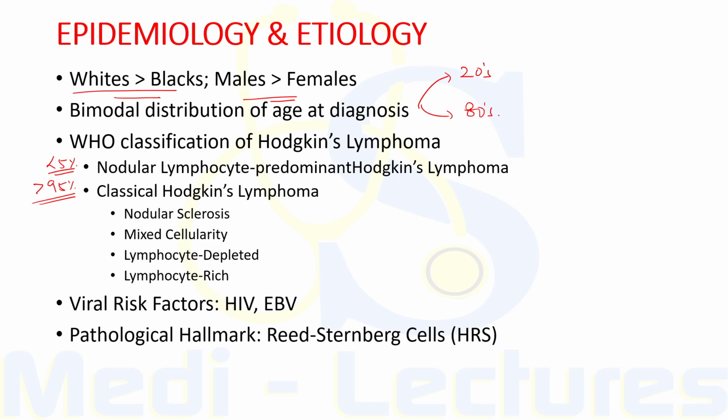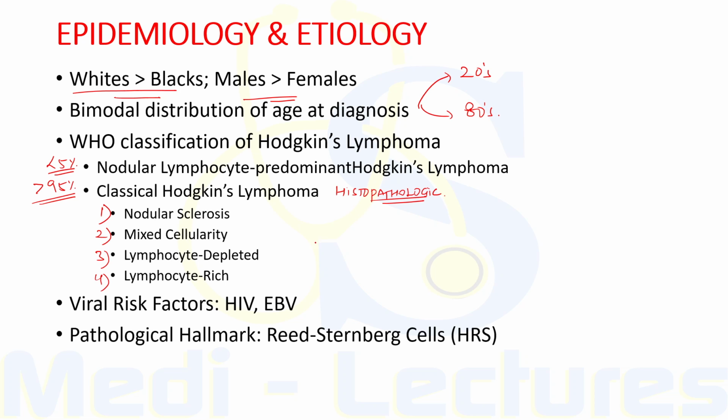Now, there are four distinct subtypes in classical Hodgkin's lymphoma that are differentiated based on their histopathologic features. These are nodular sclerosis, mixed cellularity type, lymphocyte depleted, and lymphocyte rich subtype.